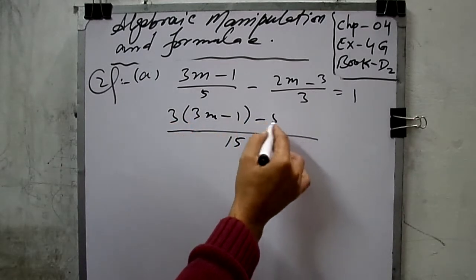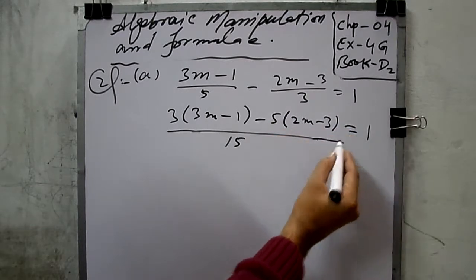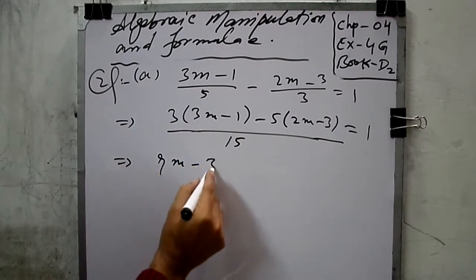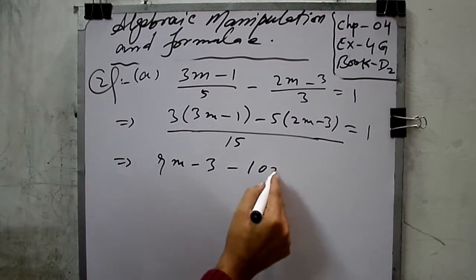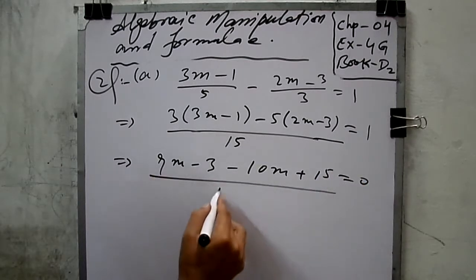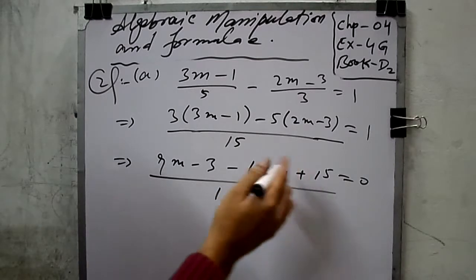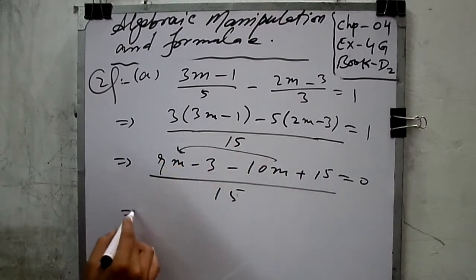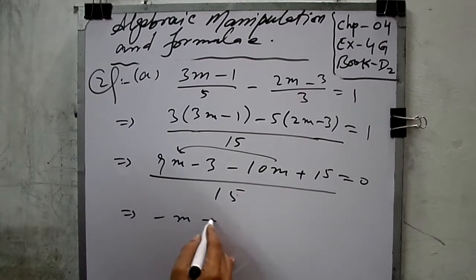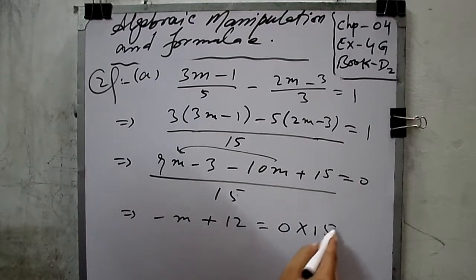Taking LCM, so 5 into 2m is equal to 1. So simplification is equal to 0 divided by 15. So by using cross multiplication, this 15 will also become 0. So similar terms will be added. You will get minus m and plus 12 is equal to 0 multiplied by 15.